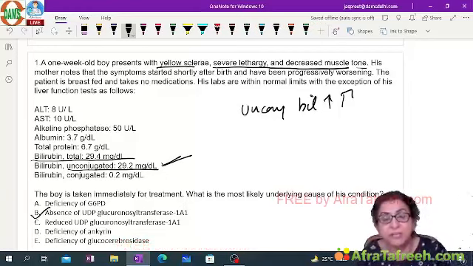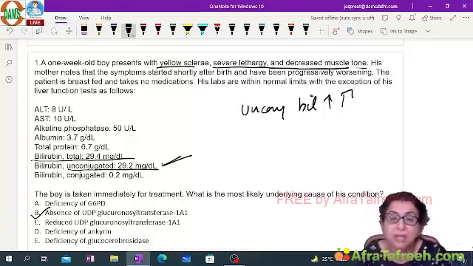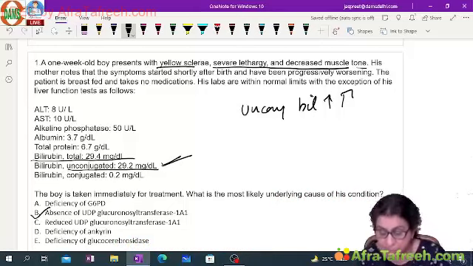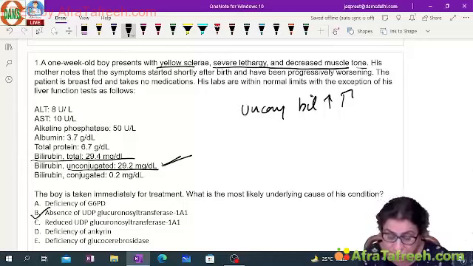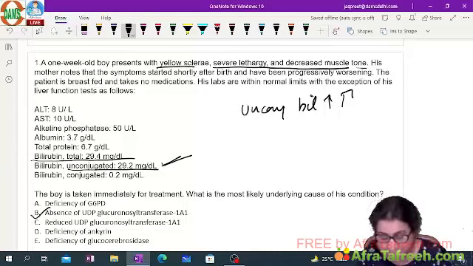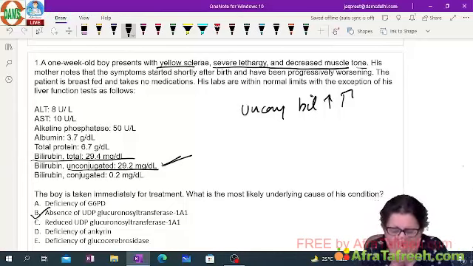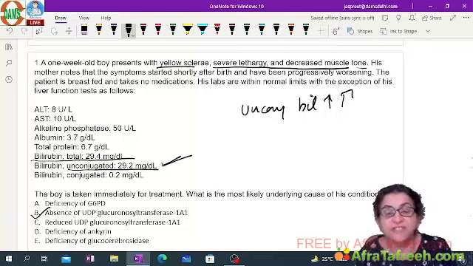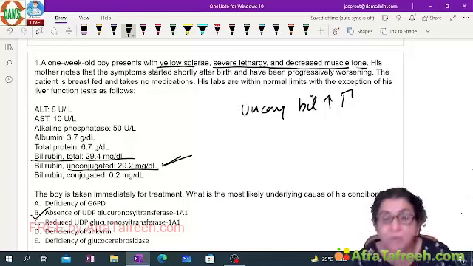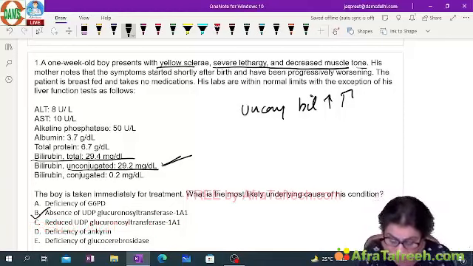G6PD deficiency also produces hemolytic anemia, and yes, unconjugated bilirubin will also increase, but you will also have features of hemolysis. There are no features of hemolysis mentioned in this question.